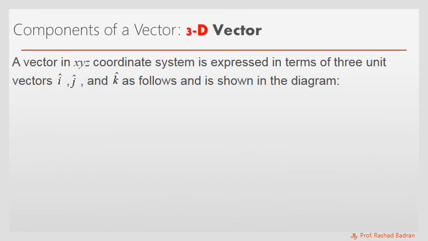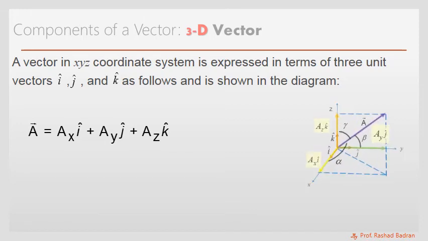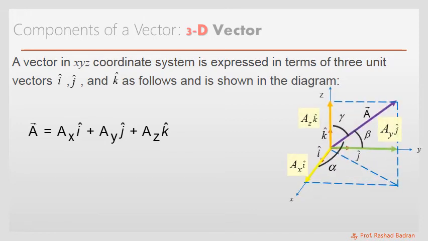How can we write an expression for the vector in 3 dimensions? Well, in an XYZ coordinate system, for example, a vector A may be expressed in terms of the 3 unit vectors i hat, j hat, and k hat. This vector has 3 components, ax, ay, and az, as the diagram shows that this vector A is broken into these 3 components.